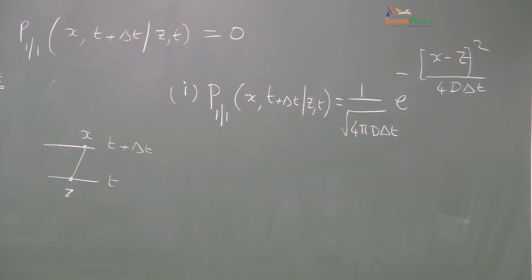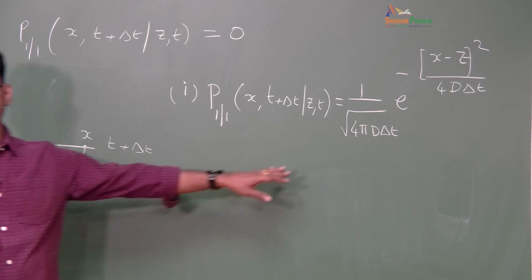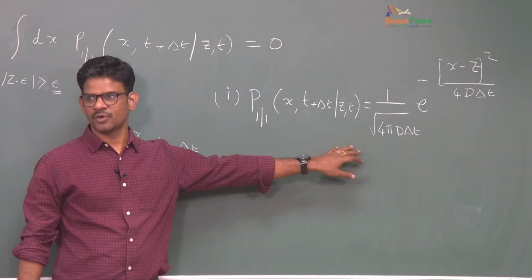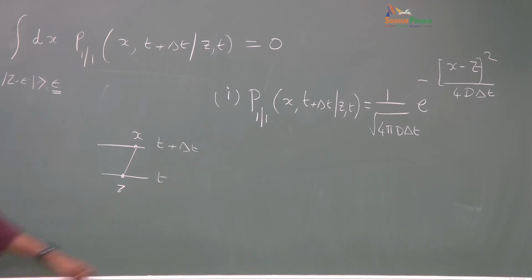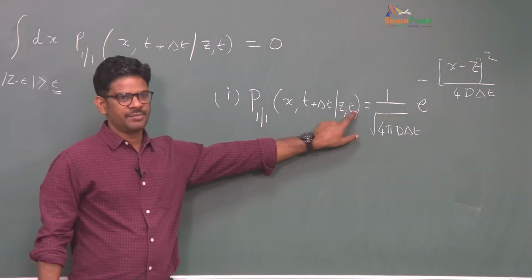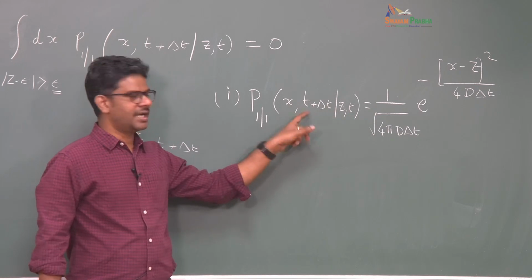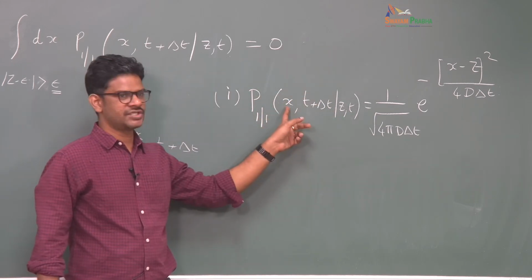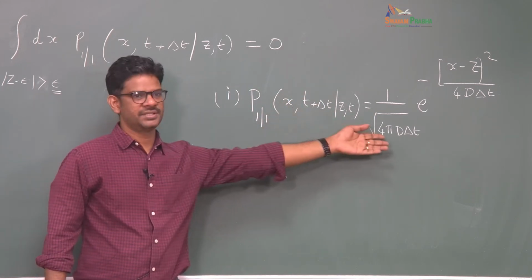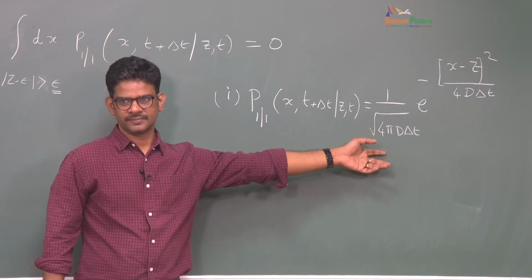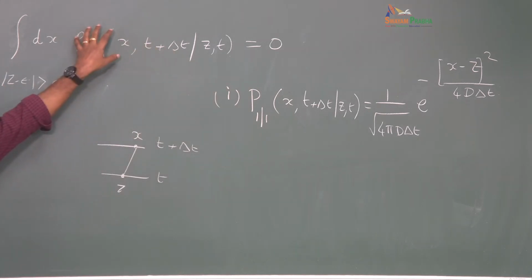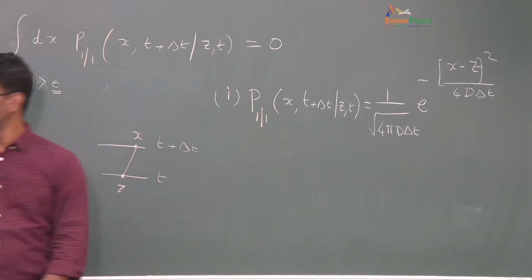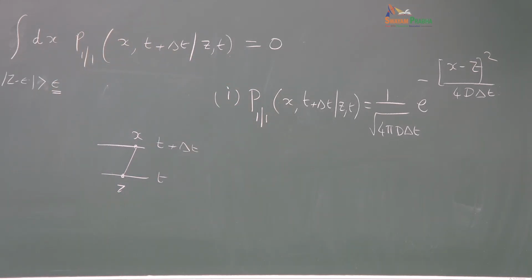So this is a transition probability to describe a Brownian motion, the position of a Brownian particle. Okay. So if the Brownian particle is at z at time t, the probability that at time t plus delta t it will reach another place x is given by this normal random variable. Okay. Now if I substitute this equation in this condition, it will satisfy. Okay, and that's what we are talking about here.